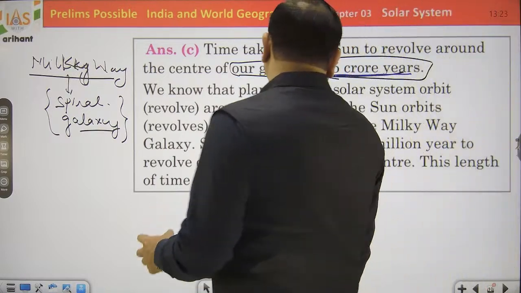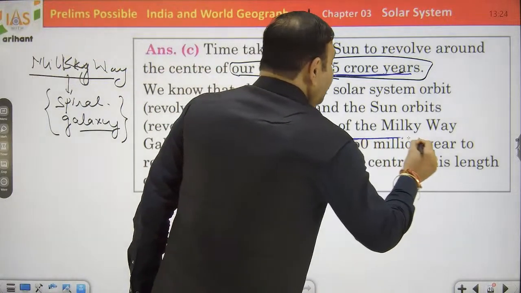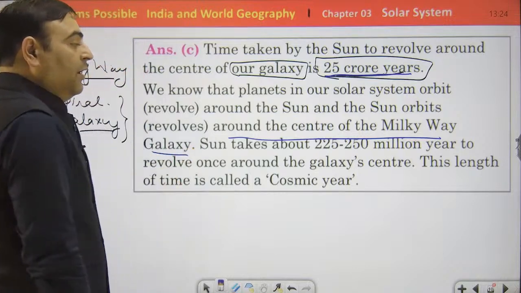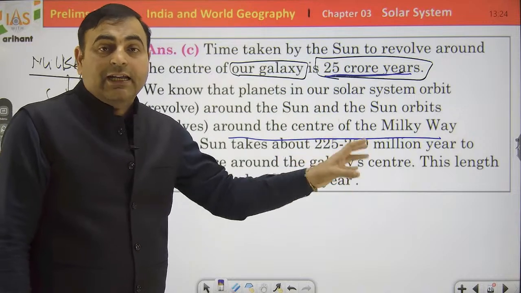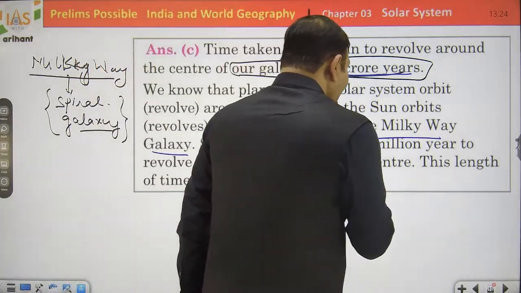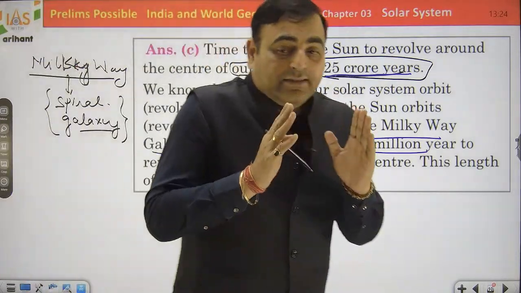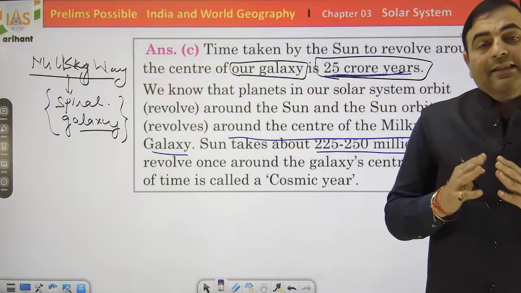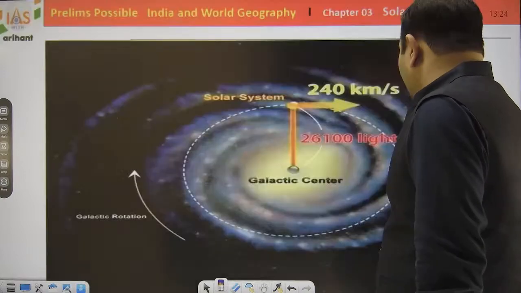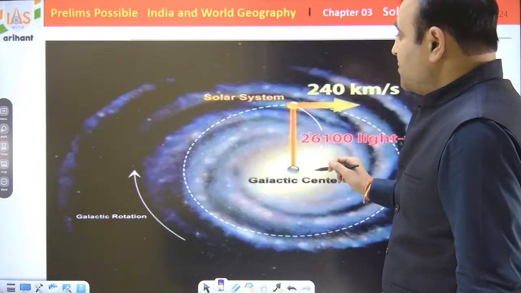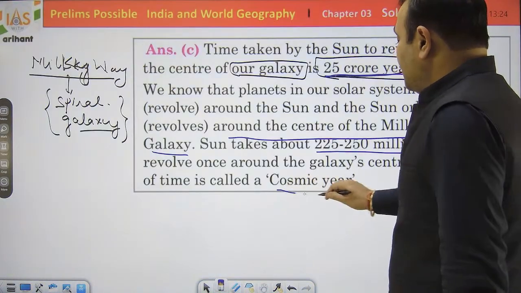We know that the planets in the solar system orbit around the sun, and the sun orbits around the center of the Milky Way galaxy. It takes around 225 to 250 million years to revolve around, and this length of time is known as the cosmic year.